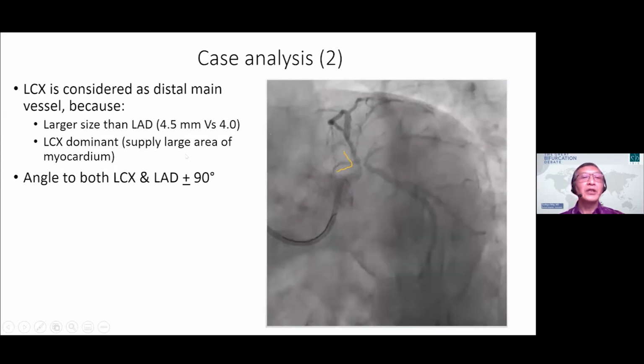Also, the circ is a very dominant vessel. And the angle of both circ and LAD is around 90 degrees or more from the left main. So I think it can be one of the considerations to choose which strategy can be implemented.